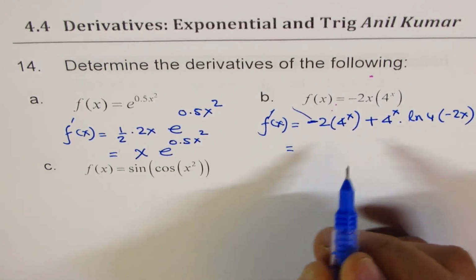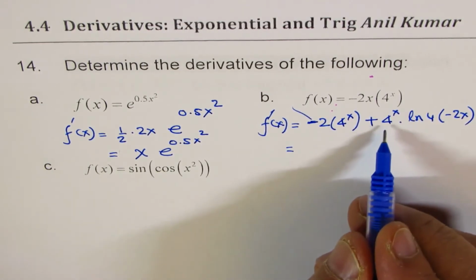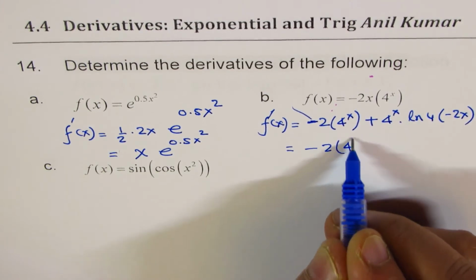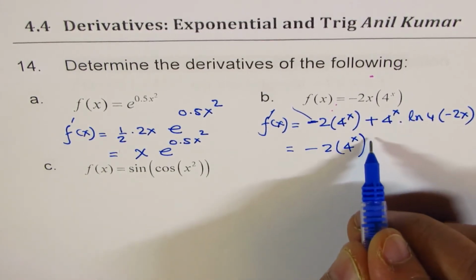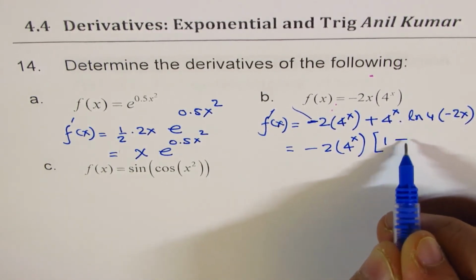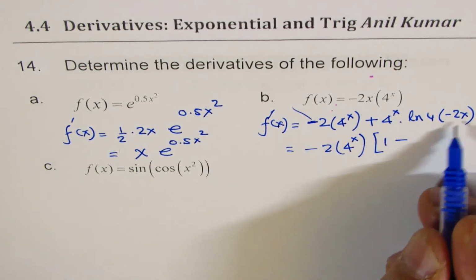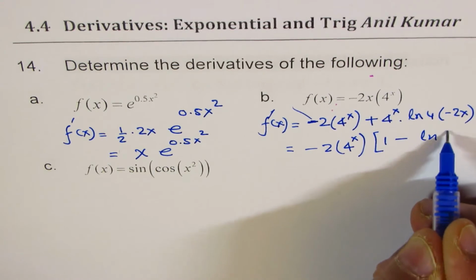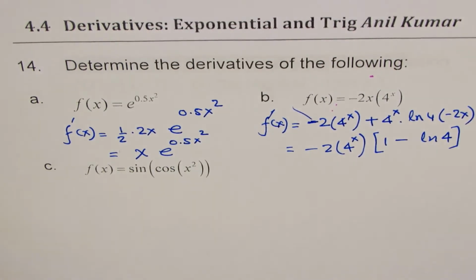So it could be written as, we could take minus 2 times 4 to the power of x common, and we get 1 plus, now we took this minus common, so we get 1 plus x ln 4 as our answer, right?